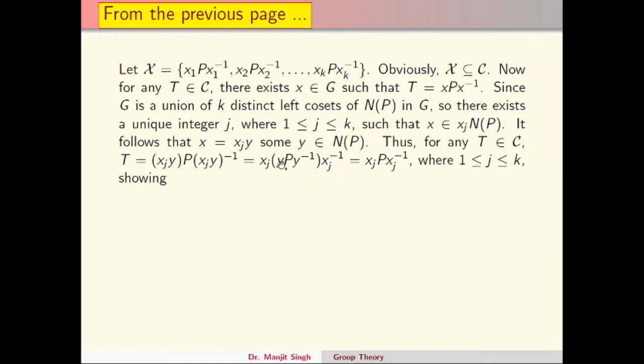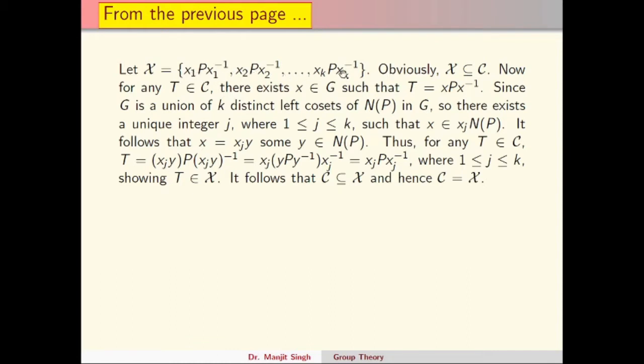Now since y belongs to N(P), yPy inverse equals P. So we see that T was an arbitrary element of C and it is again of this type. It means that T belongs to X, and it follows that C is nothing but X. So all conjugates of P can be expressed in such a way.